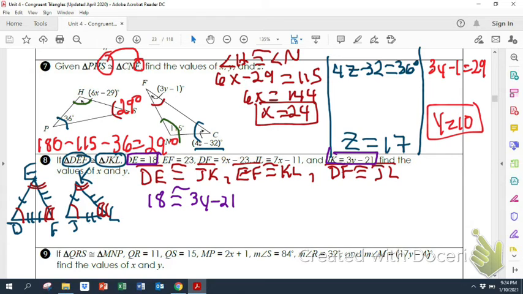So 18 is congruent to 3y minus 21. Now I can go ahead and solve, and I can add 21 to either side and say that 39 is equal to 3y, divide by 3, so y is equal to 13. Actually, when we're solving them like this, we don't need to put the congruency statements in there.